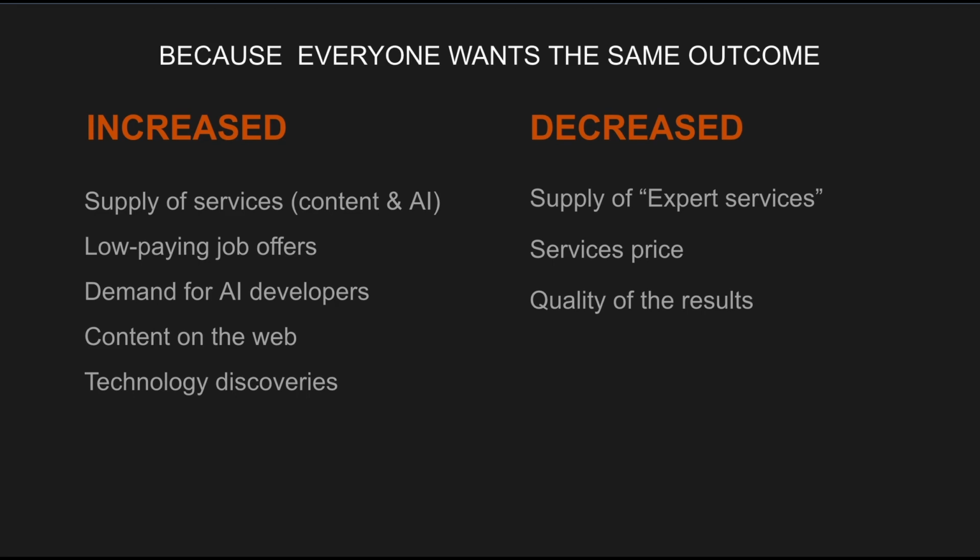So we'll have a huge wave of services coming just based on that. People who are looking to make quick money from these services. And the most exciting part is that technology discoveries should increase. So new drugs, new technologies should emerge based on that.